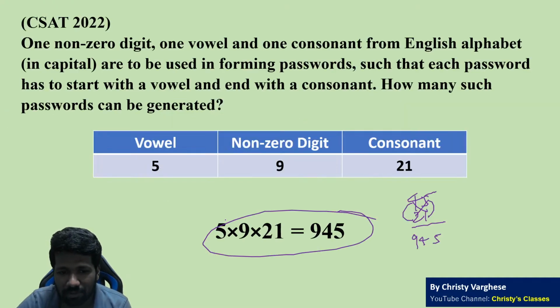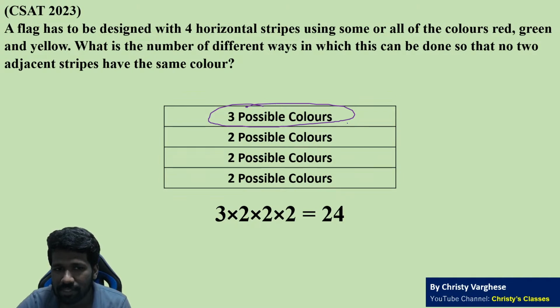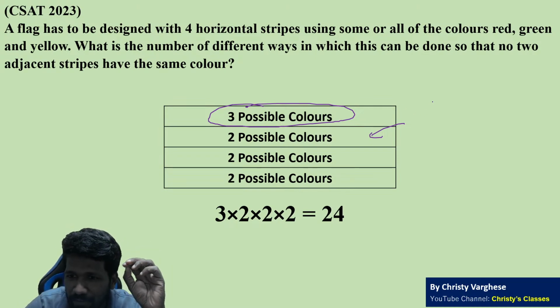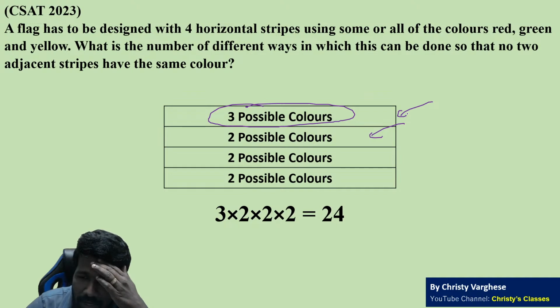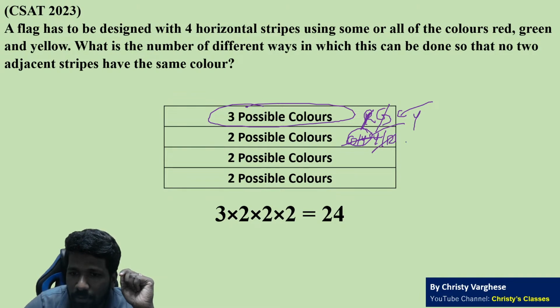Compare it with the previous question. 5 ways you can fill the vowels. Likewise, here 3 ways you can fill this. Clear? What about the second one? Now the reality is that here we already put a color. What is the color? Red or green or yellow. For example, if you are fixing red, here you cannot use red anymore. You can use green or yellow. If you are fixing green, you can fix yellow or red. If you are fixing yellow, green or red are available.